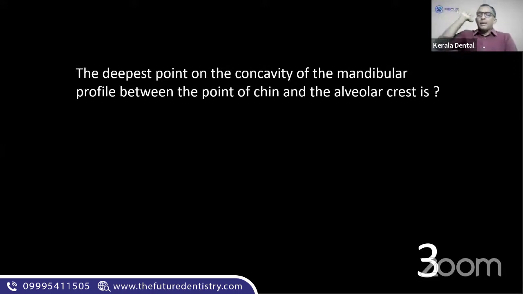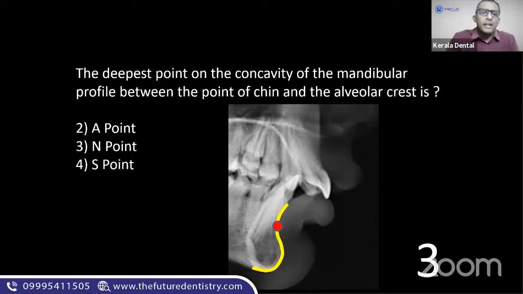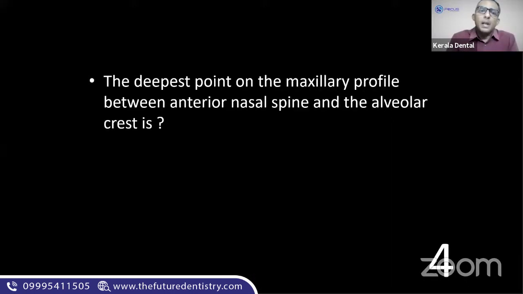Okay, perfect. Mandible is B. Maxilla is A. So obviously, the deepest point here will be the B point. A point, no. N point, nasion, no way. S point, sella, no way. And the answer, obviously, is the B point. You got it there.